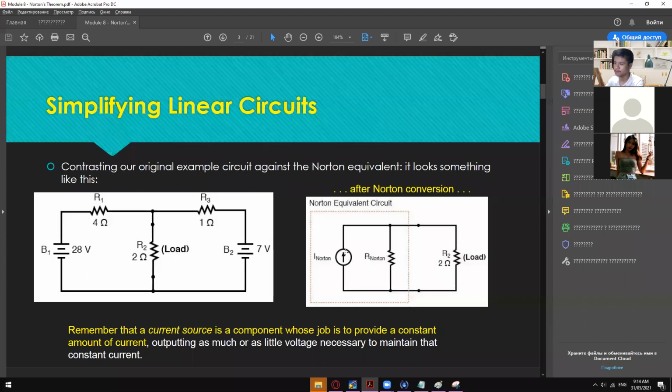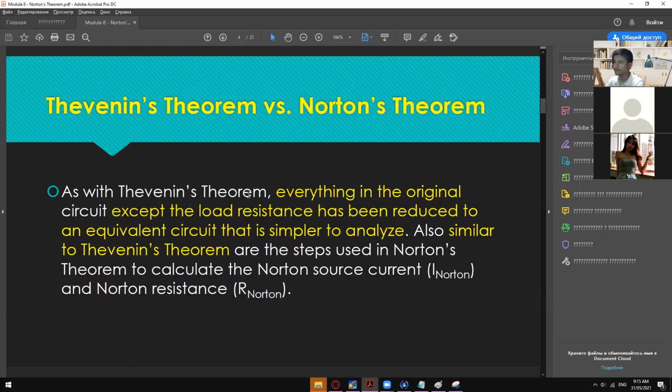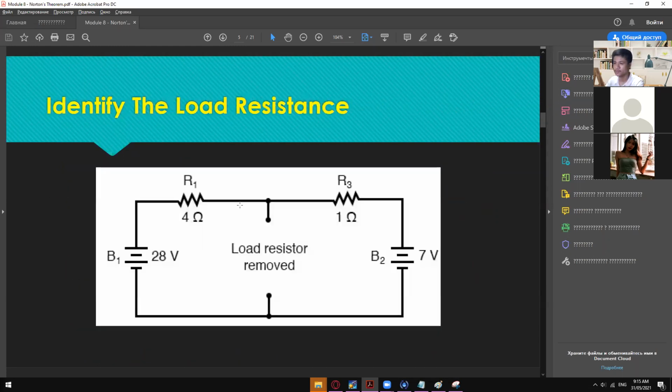We have here the current source, and then we have here the R Norton, or the Norton's equivalent. But we still have the same load, which is on this right side right here. So without further delay, let's try to solve this one.